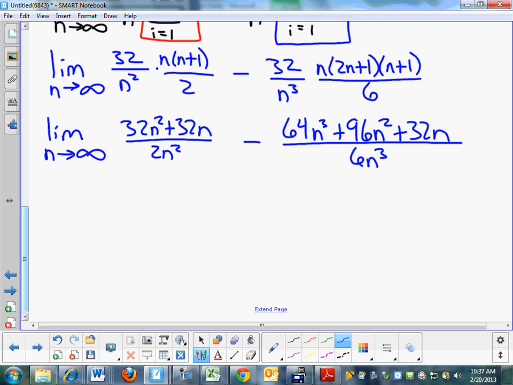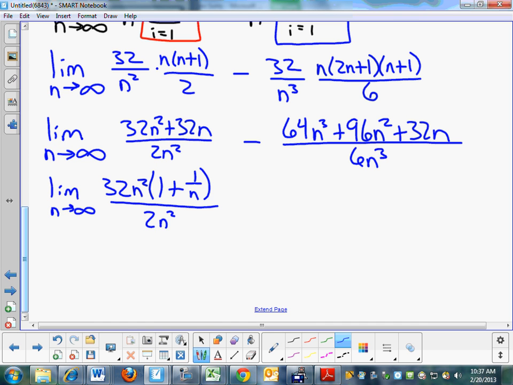And you can do each of these limits separately. So what can you take out of the first one? Good. We'll take an n squared out of the top. We'll take out a 32n squared. It doesn't matter, there are multiple ways to approach it, times 1 plus 1 over n, all over 2n squared, minus the limit as n goes to infinity of... You don't have to.